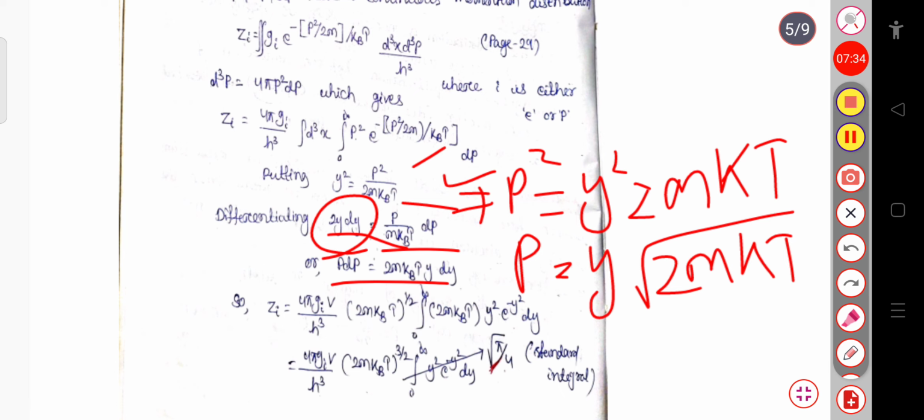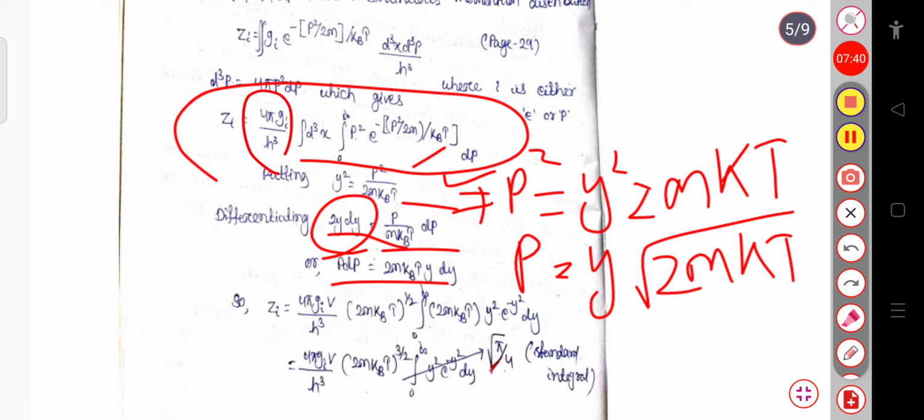Putting this in the partition function, Zi will be equal to 4 pi Gi divided by h cube, into the integration over dq, which is V. In place of p square we put y square into 2m kT, into exponential of minus p square by 2m kT, that is exponential of minus y square.